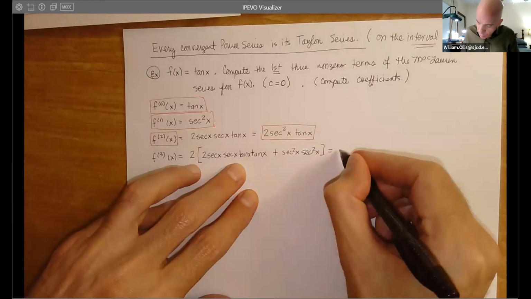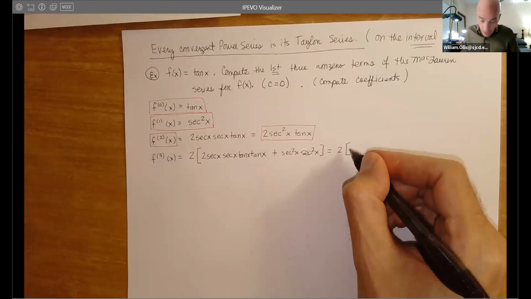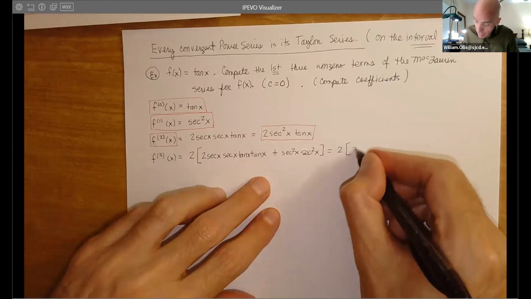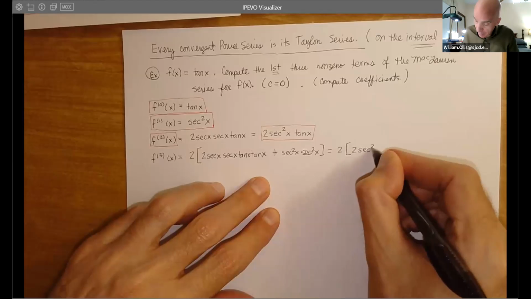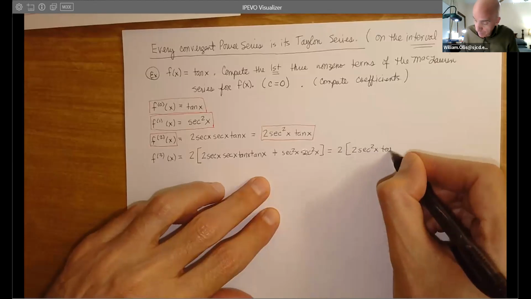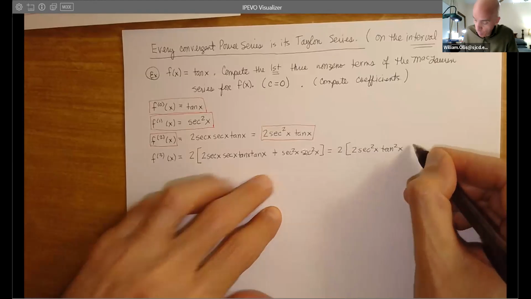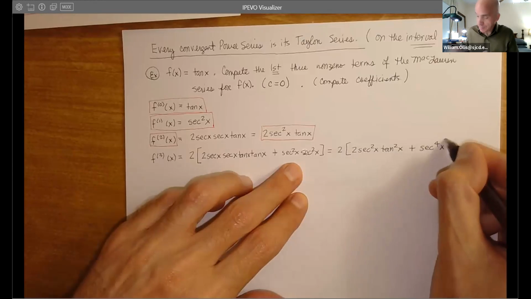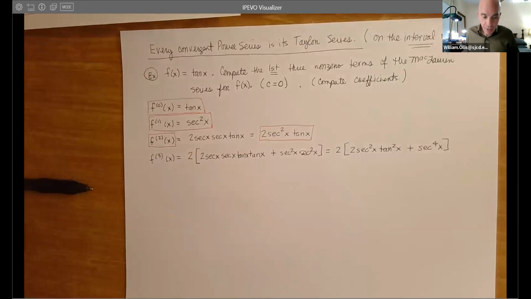So we've got 2 copies of secant squared, so we have 2 secant squared tangent squared, plus secant to the 4. And put a box around this.